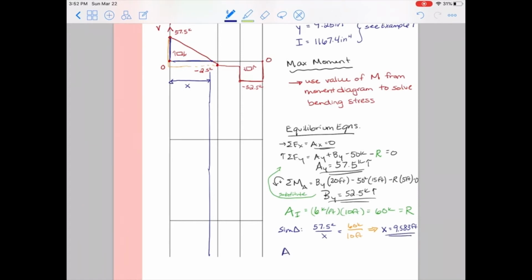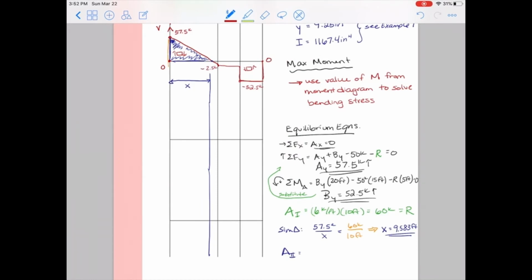Alright, so now that I have that distance, I'm ready to go ahead and knock out a bunch of areas for the shear diagram. So first I'll take this area in blue, I'll call this A2. A2 will be 1/2 the base times the height, and I'm just going to delete that orange so it doesn't confuse you.